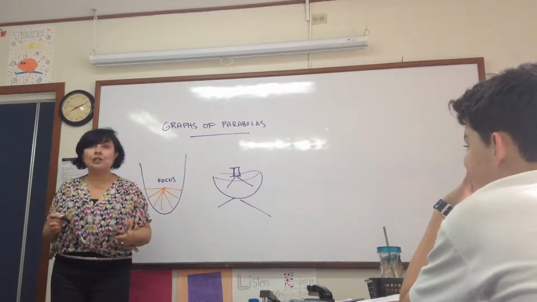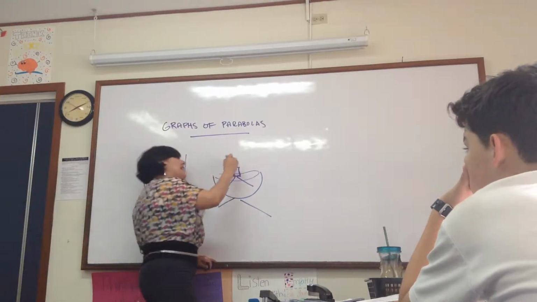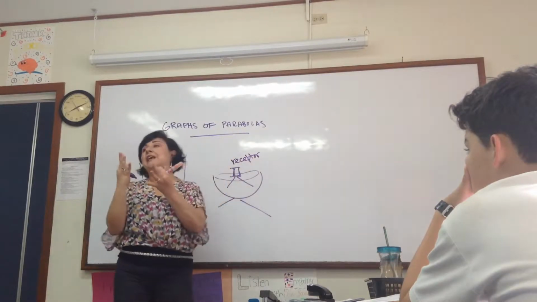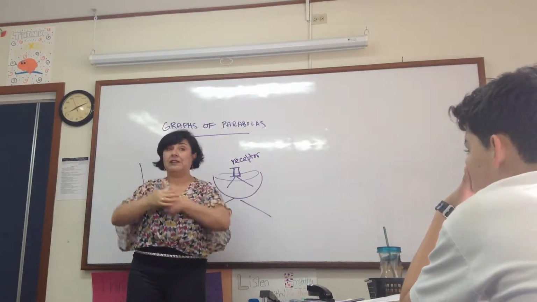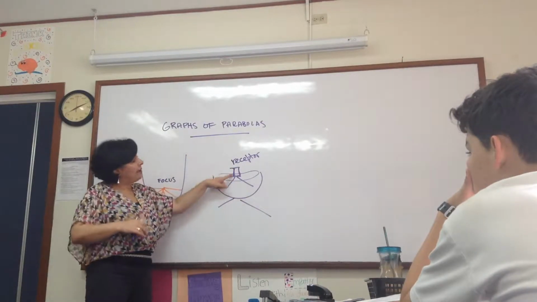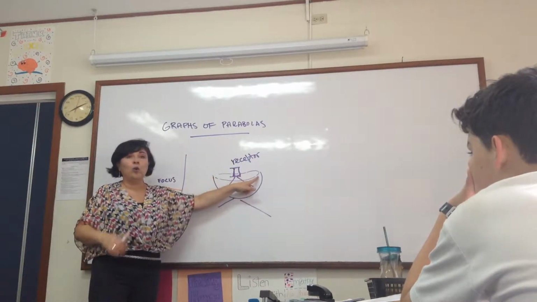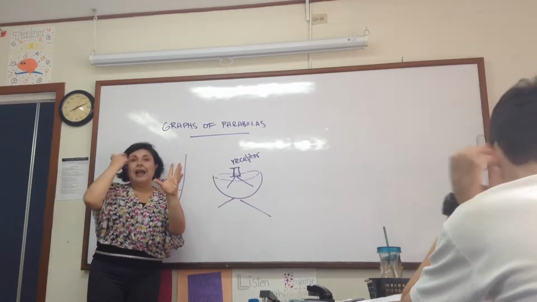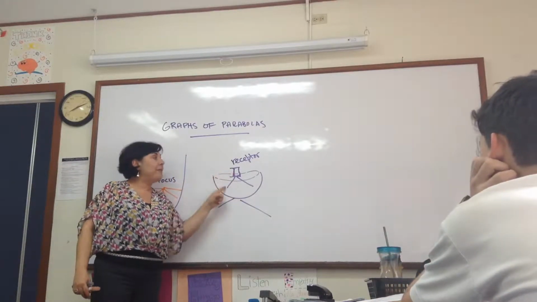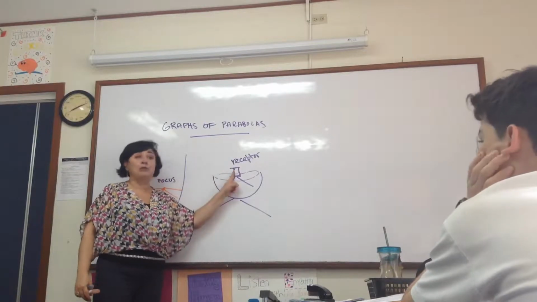And why is it located at the focus? Because this thing is the receptor. And the receptor is the one that takes all the rays or the waves that are being sent to it, so it receives them, and it makes them bounce towards the dish. And vice versa. Sometimes they bounce off the dish to the receptor.